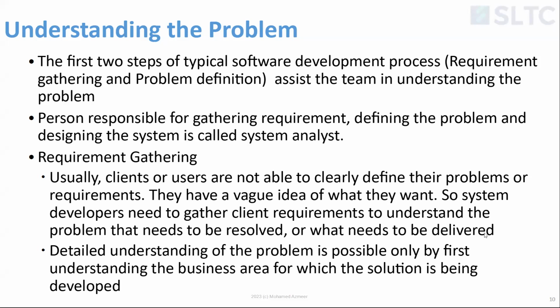Because the customer comes to us with a problem and we are here to solve it. Two, design the problem, meaning write it down. How do you record the problem so that you can explain it to somebody else? The person who's writing it down may not be the person solving the problem.